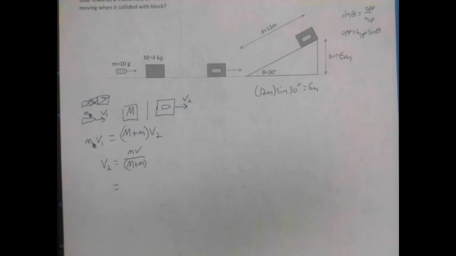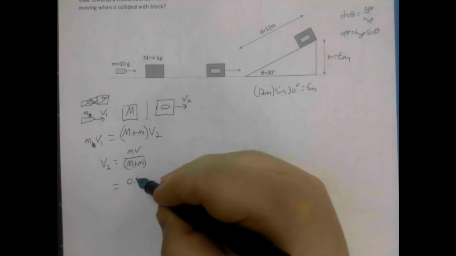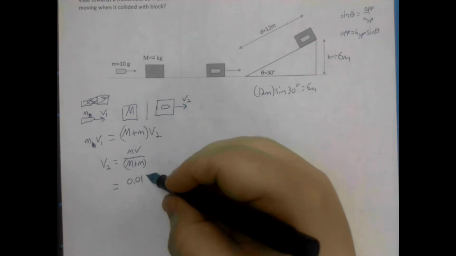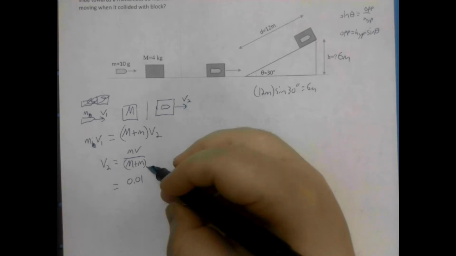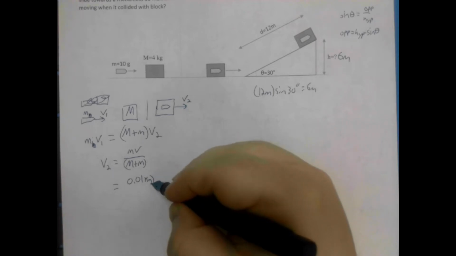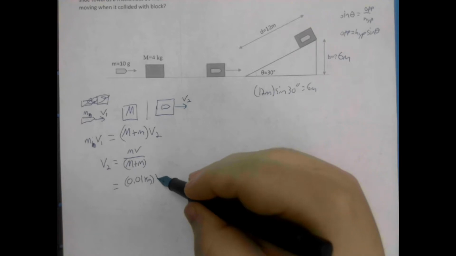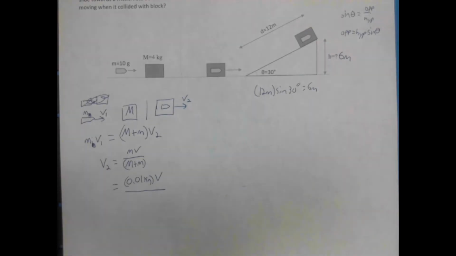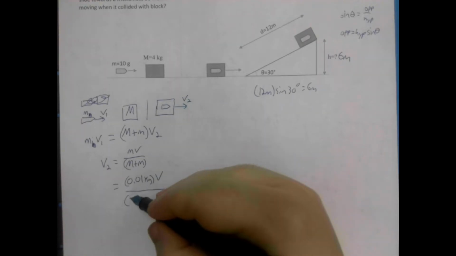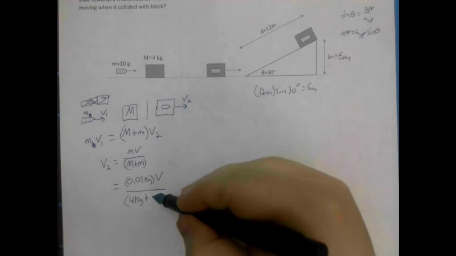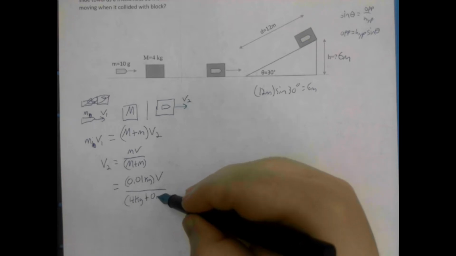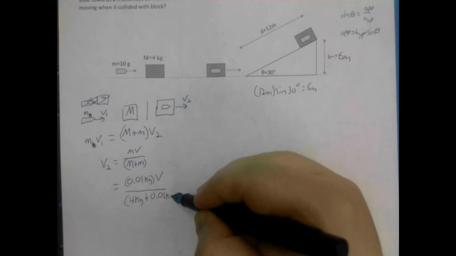So the mass of the bullet is 0.01 kilograms times its velocity, and the mass of the block is 4 kilograms plus 0.01 kilograms.